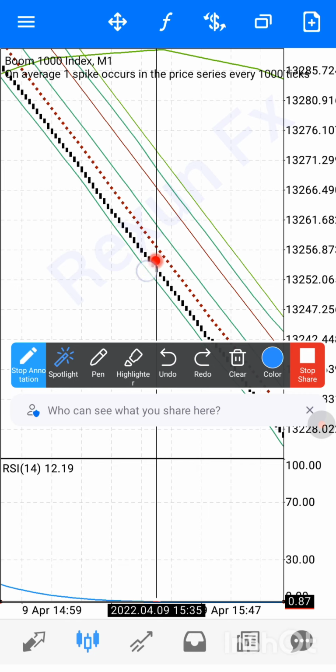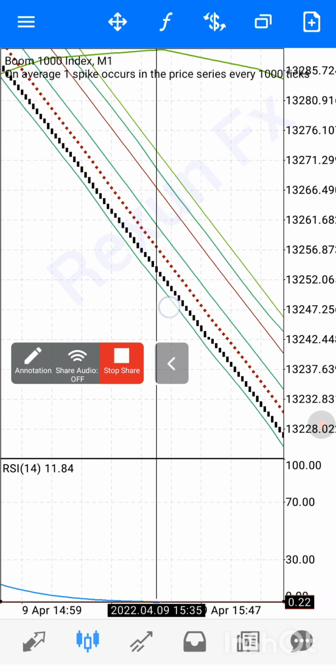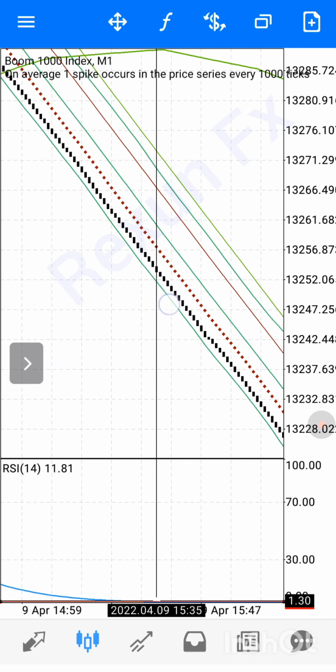This is 0.87. So what I like to do in such a situation, where in Boom it's spreading and the RSI has gotten below zero, is to take my first trade, because the spike can happen at any moment, but this point becomes a safe point to enter the trade.